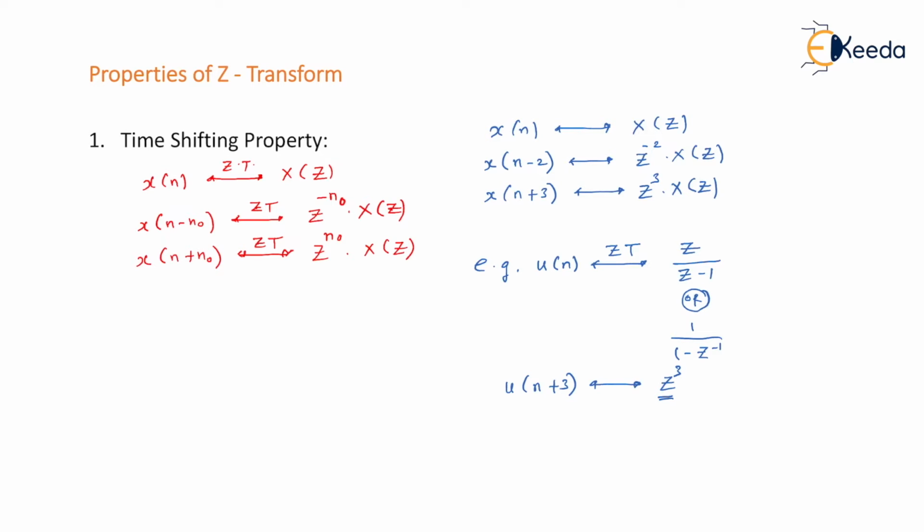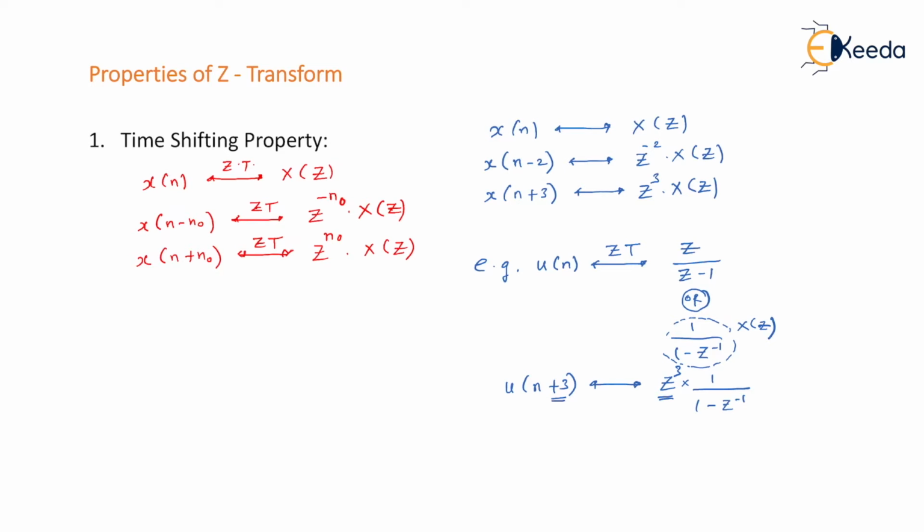Why has this Z cube come? Because we are shifting the u of n signal by 3. Shifting can be of two types, that is advance or delay. Here I have advanced my signal by 3, so it gets multiplied by Z cube. So the original Z transform, that is x of z, gets multiplied with Z cube, so it gets multiplied with 1 upon 1 minus Z inverse. So this way the time shifting property works.